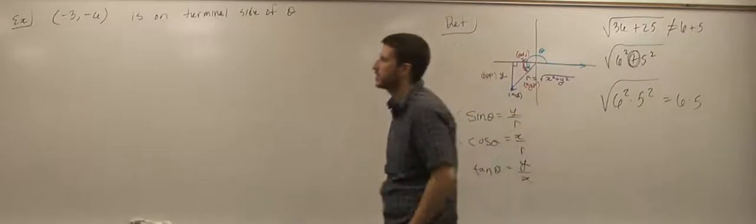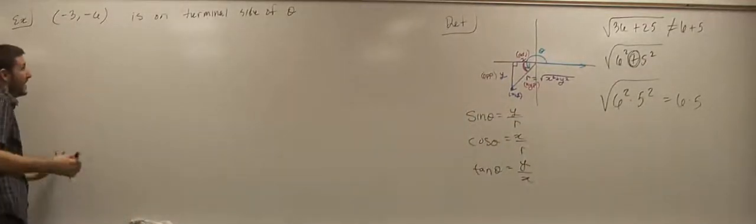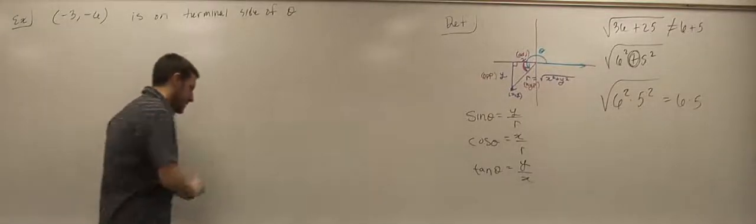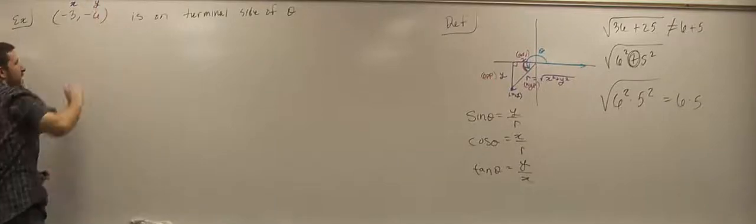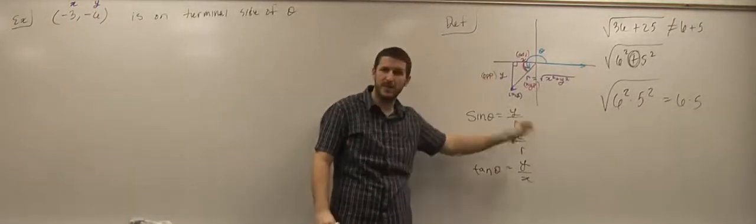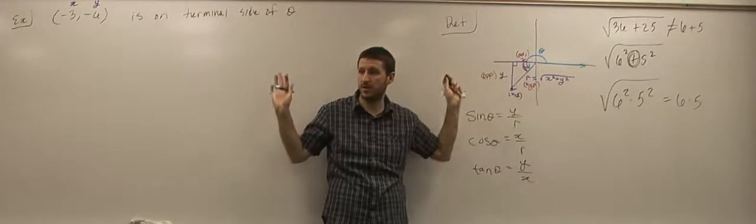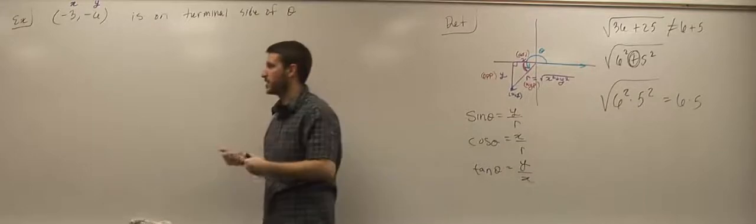All right, 6 trig functions. In fact, if you label this x and you label this y, then you can do x squared plus y squared and get r, and you can just use these definitions without any pictures at all. Okay, but I don't like that. I love pictures. It makes sense when I see a picture.